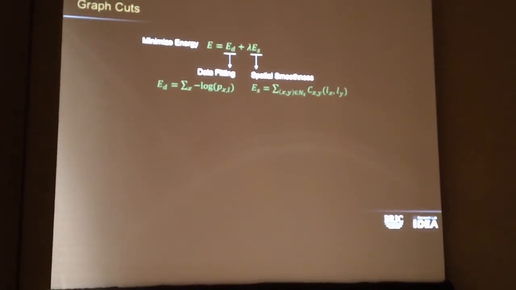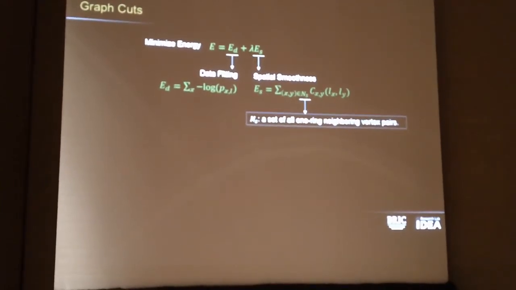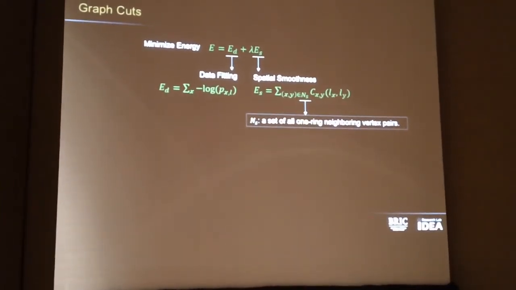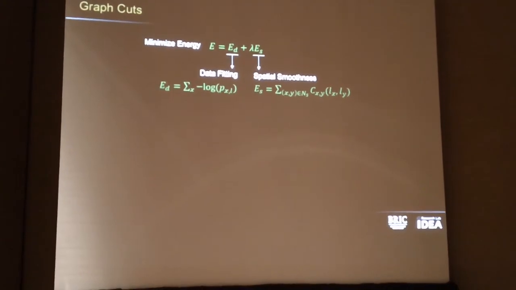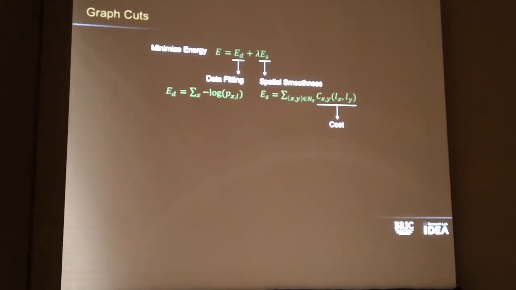The smoothness term is computed using this equation, and Nx means a set of neighboring vertex pairs. Cx is a cost function. The range of this cost function is from 0 to 1.